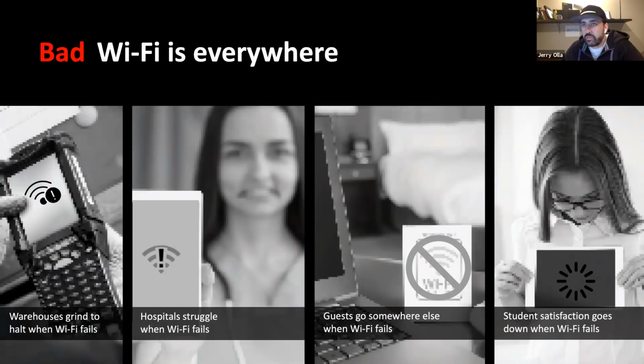And in the hospitality space, are you going to return to a hotel where you can't consistently get onto the internet and get work done while you're traveling? Student satisfaction, test scores, things like that could be impacted as well in education with an unstable Wi-Fi connection.